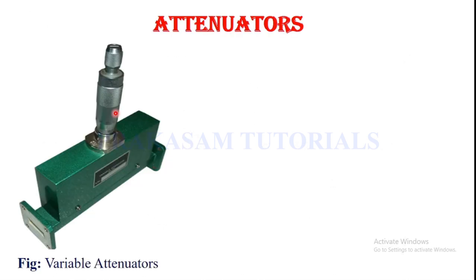And the next waveguide component is the attenuator. This is a variable attenuator. Attenuators are required to adjust the power flowing in a waveguide, by rotating this in the anti-clockwise direction and clockwise direction to adjust the power flow. These variable attenuators provide continuous power attenuation up to 20 decibel.